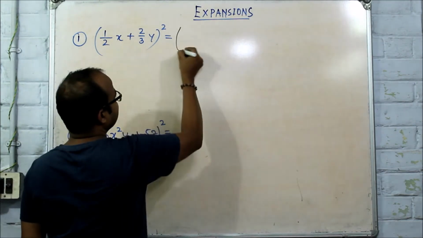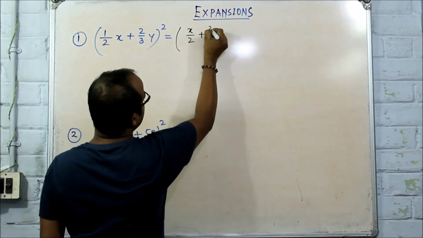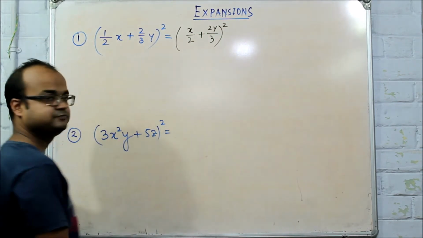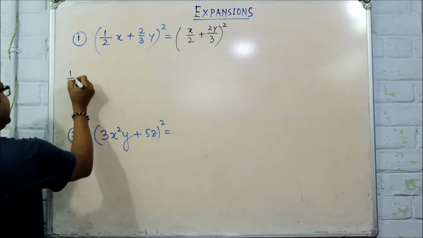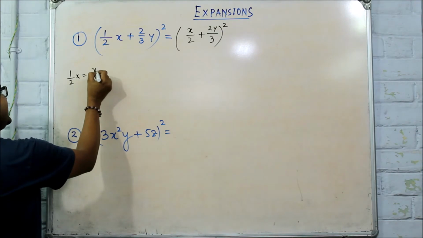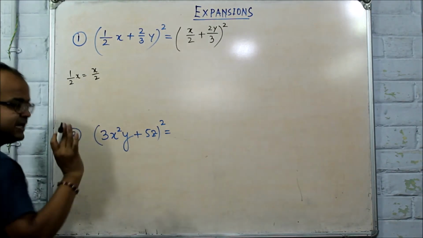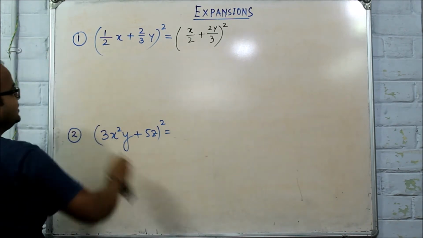For your convenience, you can write this as x by 2 plus 2y by 3, whole square. Clear? Because 1 by 2x can be written as x by 2. It will help you, so you will not get confused with the terms given here.